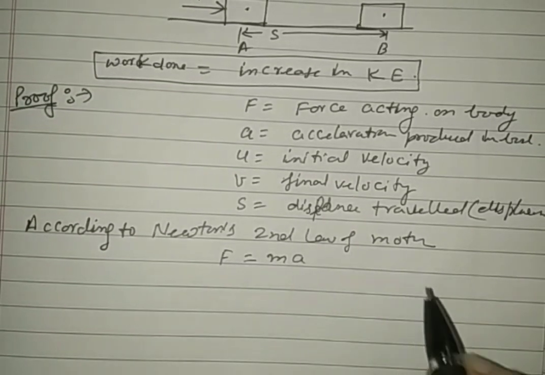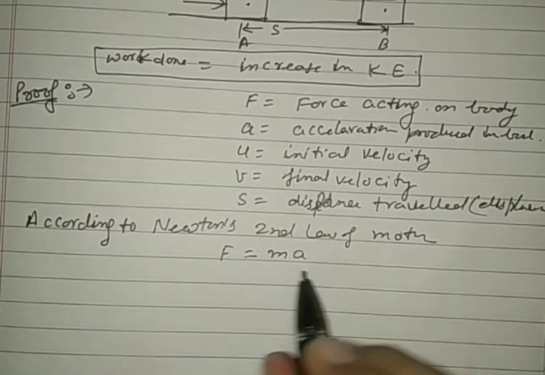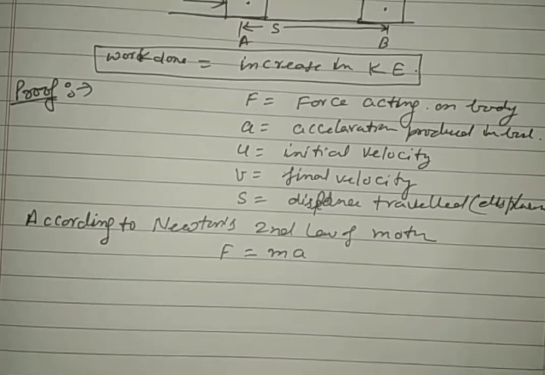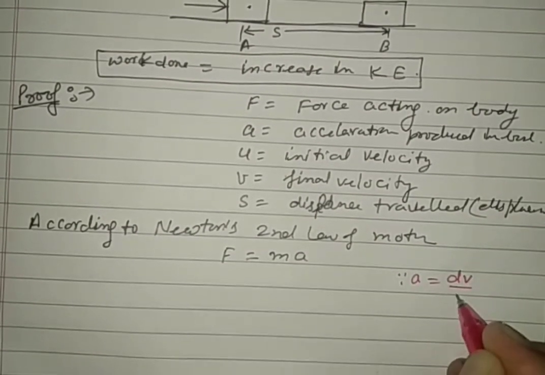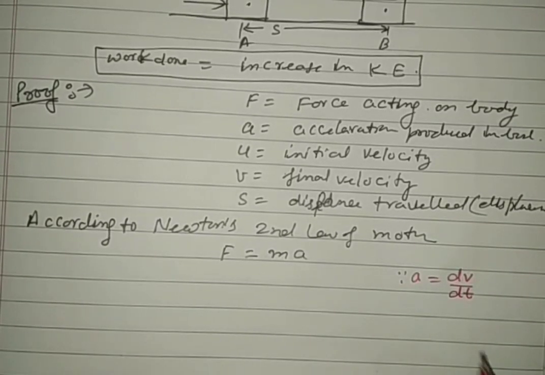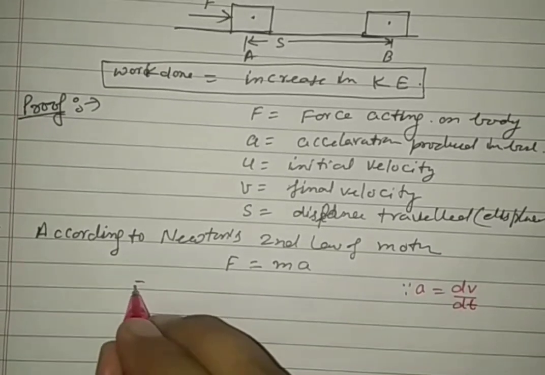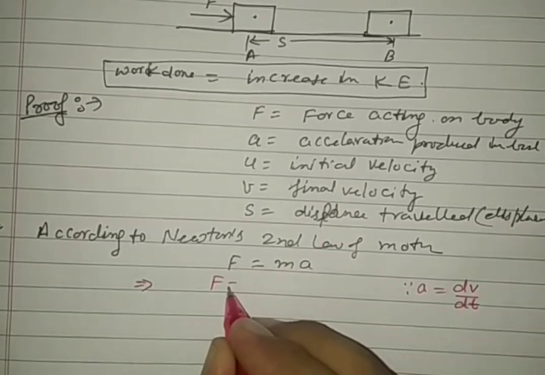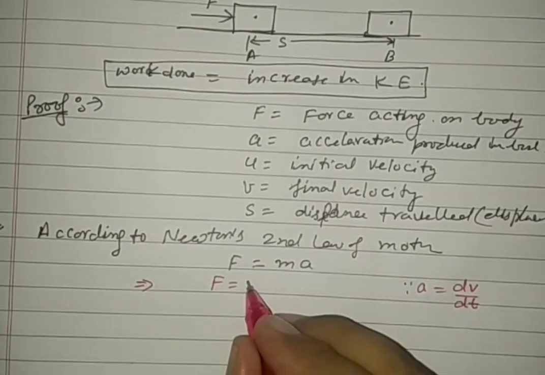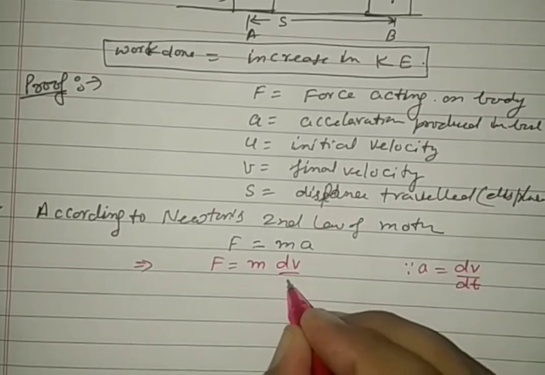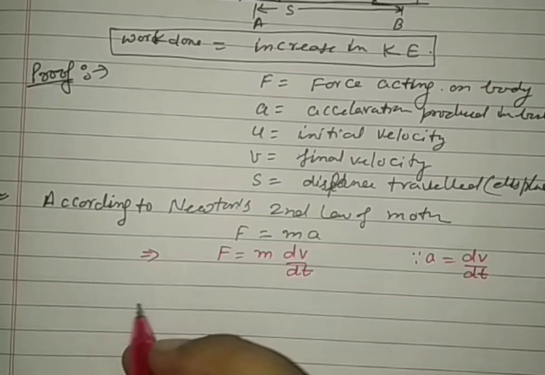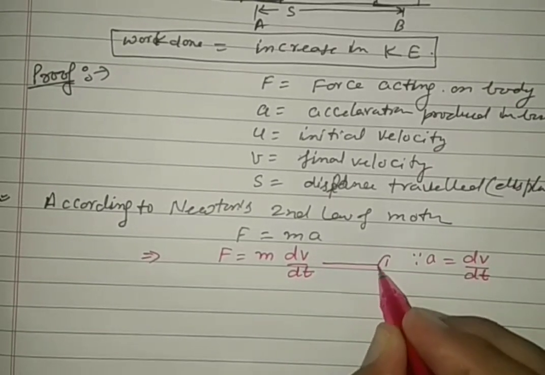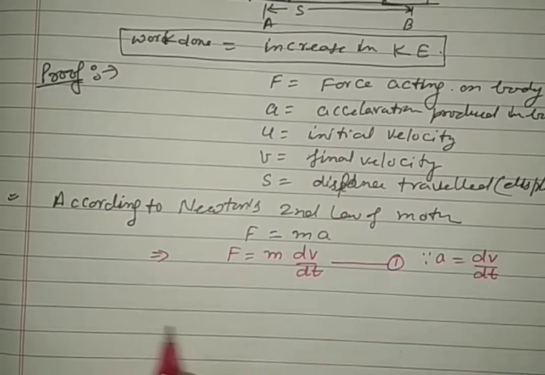Here, since we know that acceleration is given by dv by dt, the rate of change of velocity, the second law of motion can be written as F is equal to m dv by dt. We are going to see this as equation number 1.